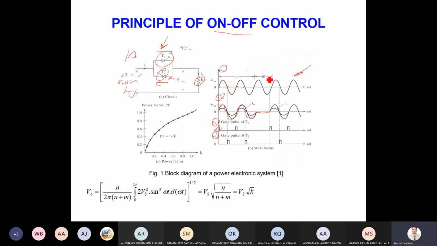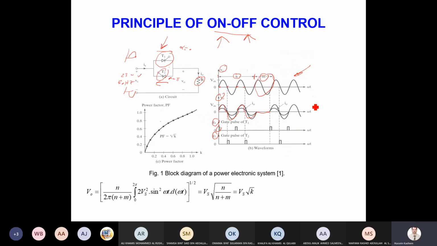There is input, as you can see here, but the output is 0. It repeats again and again. Now let me call this, from here to here, n number of cycles, and from here to here m number of cycles. So n is the number of cycles we have on, and m when we have it off.